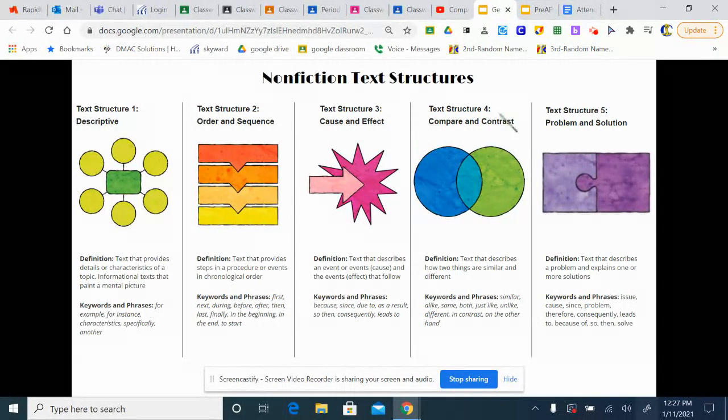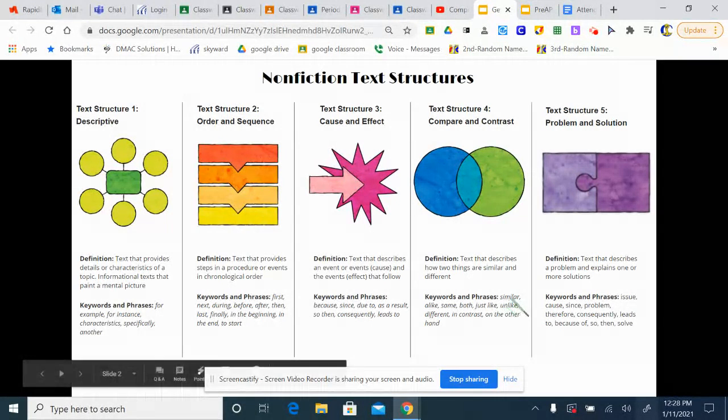Text structure 4, compare and contrast. Here you have the Venn diagram. Text that describes how two things are similar and different. So again, you have the outside bubbles, which explain how they are unique, they are different from each other. In the middle where they meet is how they are similar. So you'll see words such as similar, alike, different, unlike.